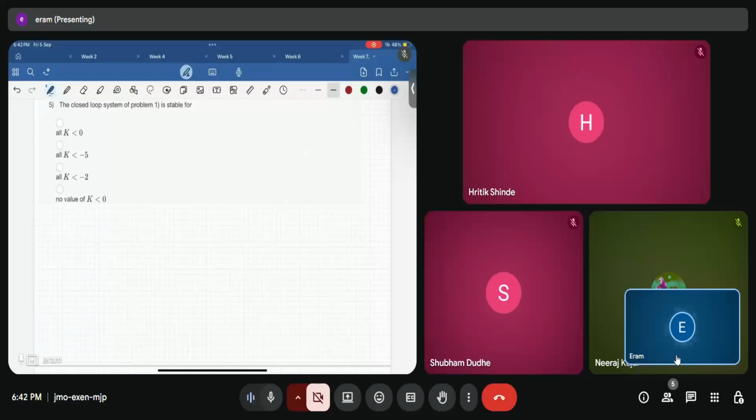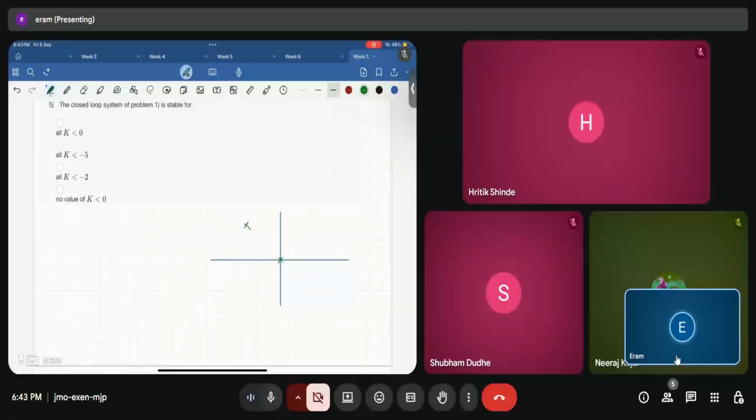Okay, what will be the stability condition? For what range of K is the closed loop system of the same problem that we are solving stable? That's very easy to follow. Let's again draw our poles and zeros.